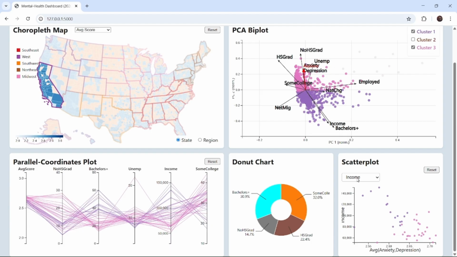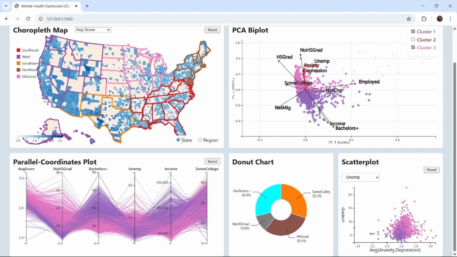And if we look at income in the scatter plot, we see a nice negative trend against average anxiety depression score. Bachelor's degree is also negatively correlated. Unemployment, as expected, is positively correlated. And based on these correlated variables, we also did a composite well-being score that we can show on the Core Plus map.